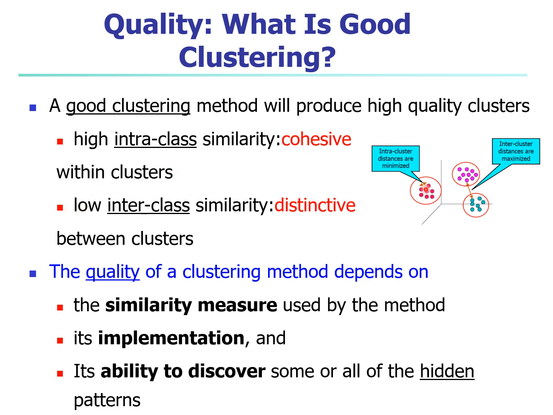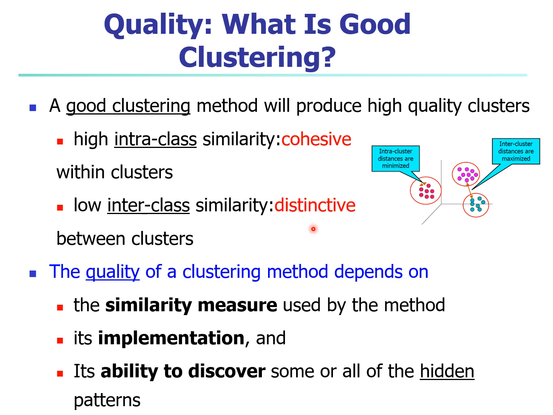A good cluster will have objects within the cluster that are not far away from each other. So they will be highly similar, and we will have a low interclass similarity, meaning that the similarity between the two clusters is low. They're not similar, they're far away from each other, and this is called distinctive.